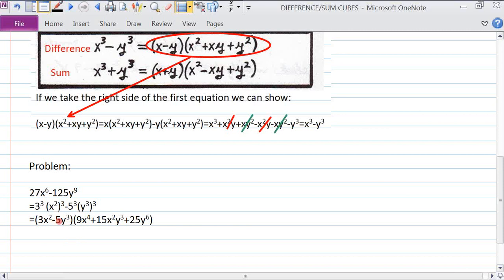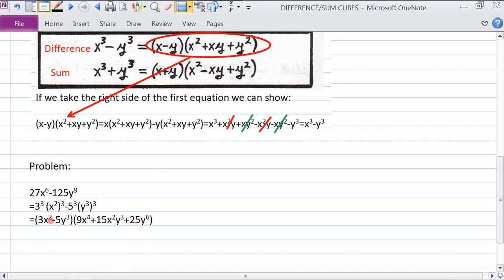I multiply minus 5y cubed times 3x squared, change the sign, I get plus 15x squared y cubed. And I square this last term, I get plus 25y to the 6th. So these are the factors of this.